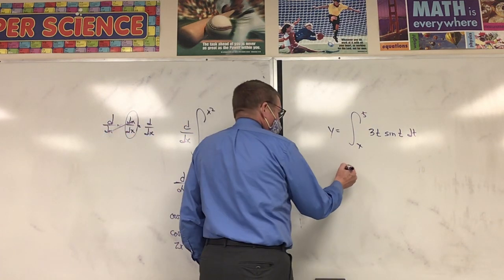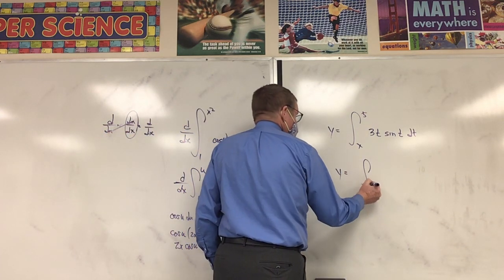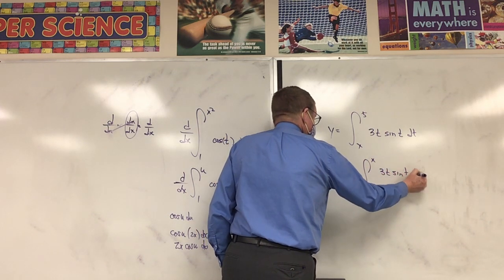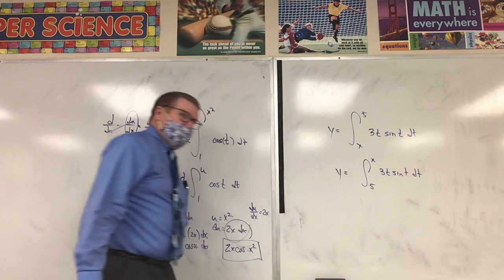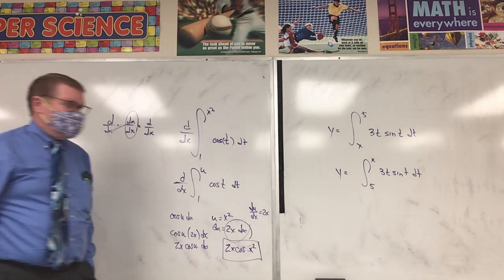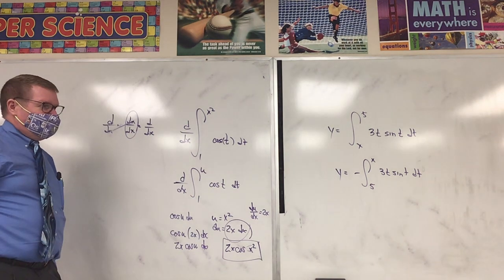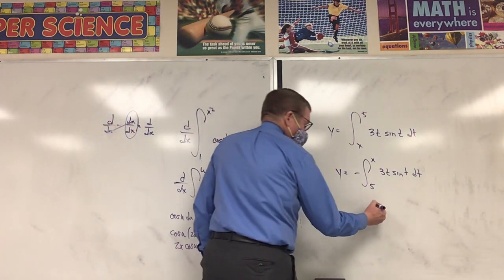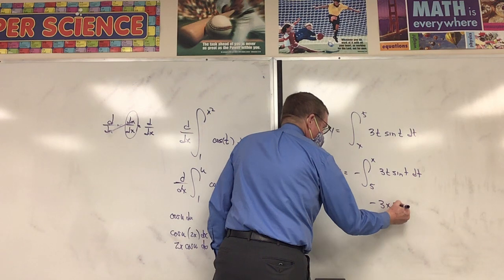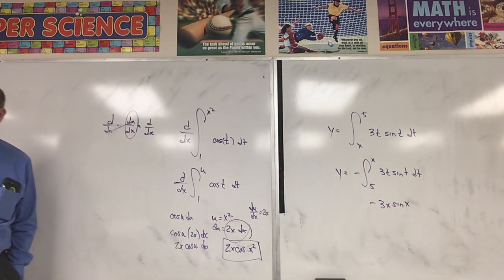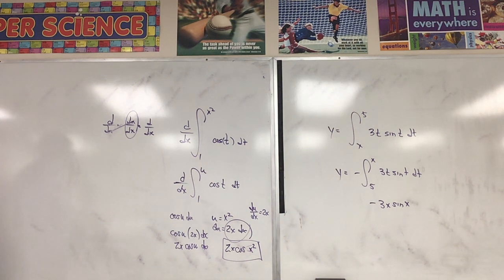So I flip those. When I flip my limits, what's the rule? Change to negative. So now what is my function? A negative 3x sine x.